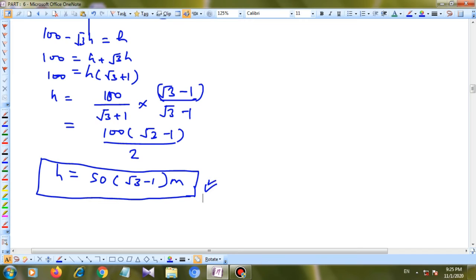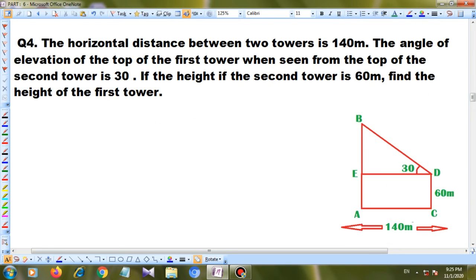Now our next question is, the horizontal distance between two towers is 140 meters, right? So here the horizontal distance between two towers is given as 140 meters, and the angle of elevation of the top of the first tower when seen from the top of the second tower is 30 degrees.